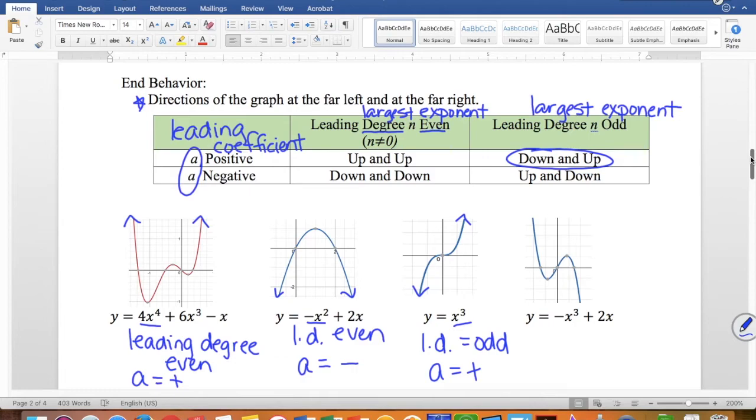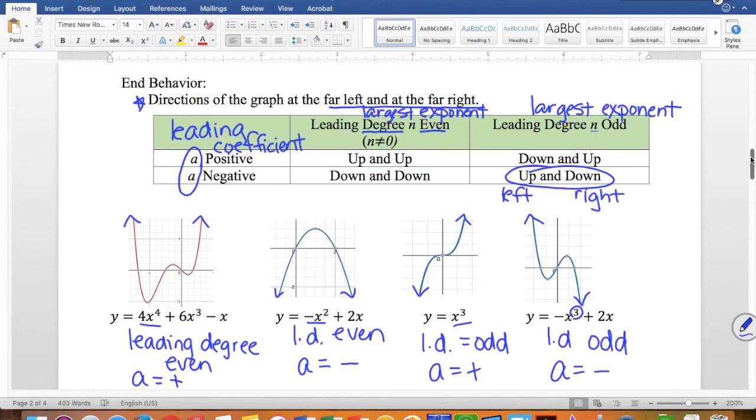And then my last one, right here, my leading degree, again, is odd, but this time my A is negative. So I should be at the up and down one. Notice it's always from left to right. So far left and the far right. So left is always listed first, the left behavior is listed first, and the right behavior is listed second. Okay?